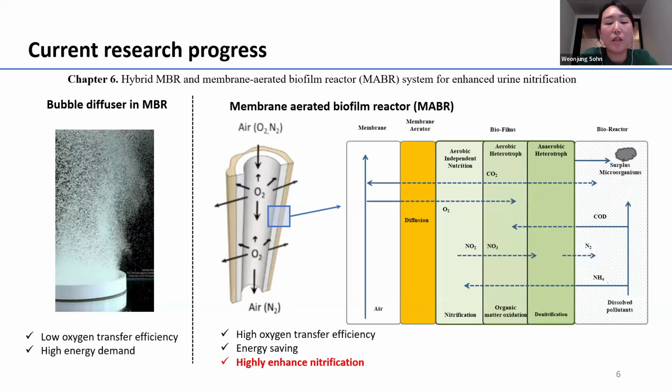Firstly, I'd like to see how we can effectively control the biofilm thickness and how the urine can affect the biofilm activity of aerobic nitrifying bacteria. And then maybe energy consumption can also be calculated in the future.